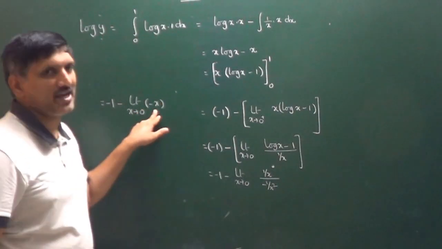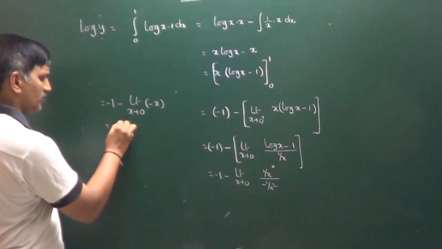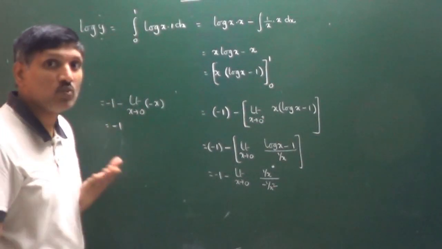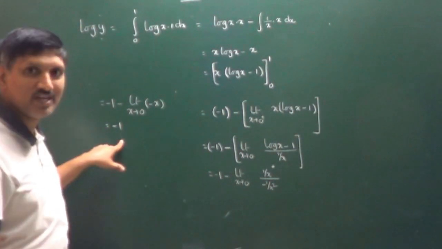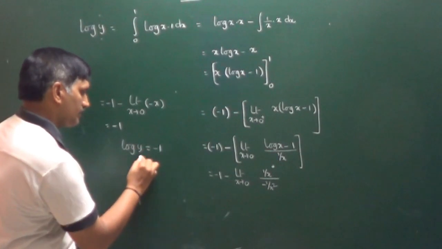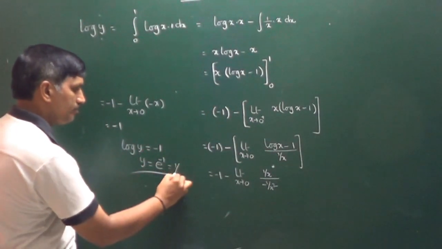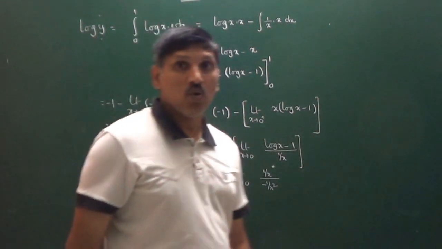Since x is 0, you will get 0. That is the reason we get minus 1. We got log y as minus 1, and then y is equal to e power minus 1, which is nothing but 1 by e.